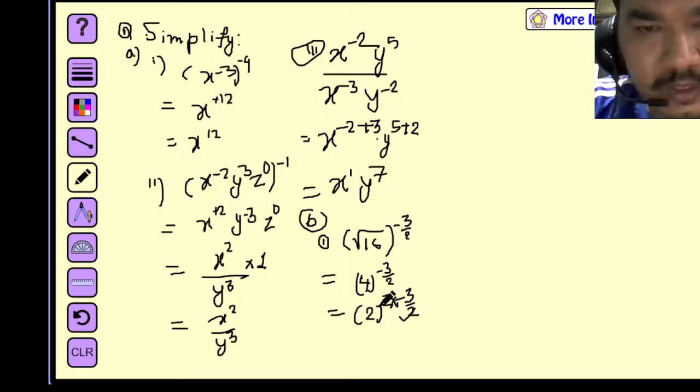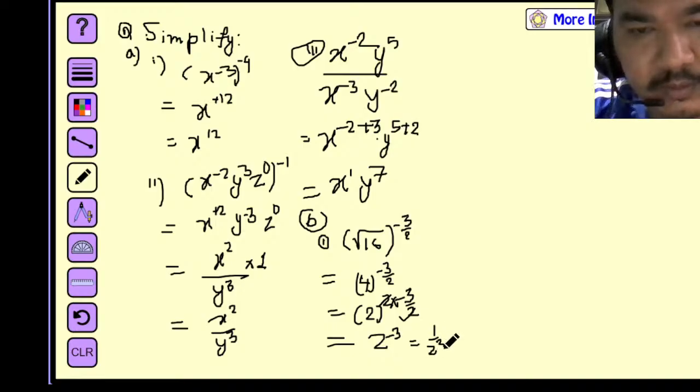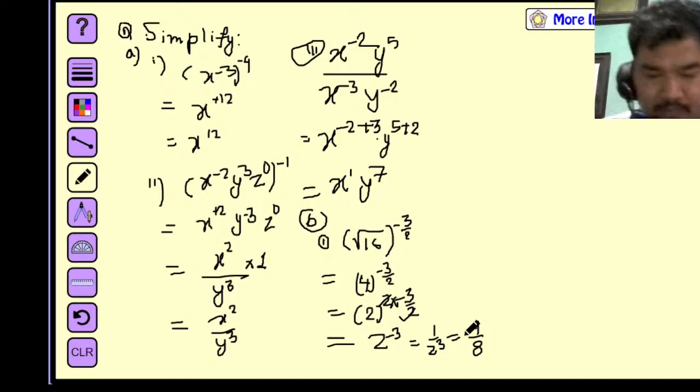Then this 2 cancels, and here came 2 to the power minus 3. And 2 to the power minus 3 means we have to take it down, it will be positive, 2 cube, so the answer comes 1 by 8. Like this we have to solve this type of question of laws of indices.